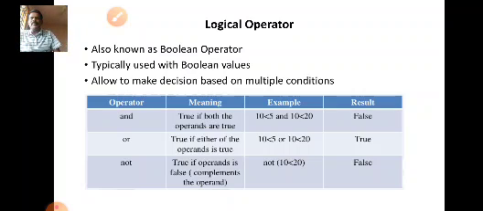And is true if both of the operands are true, for example 10 less than 5 and 10 less than 20. Here one condition is false, 10 is less than 5, that condition is not satisfied, because of that it produces false. Or is true if either of the operands is true, 10 less than 5 or 10 less than 20. 10 is less than 5, false, but 10 is less than 20, yes, the condition is true.